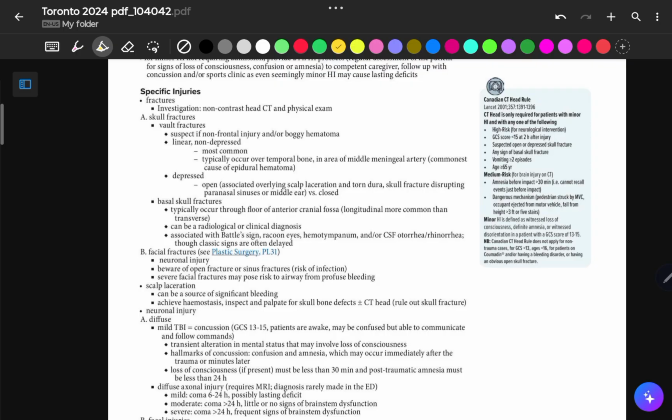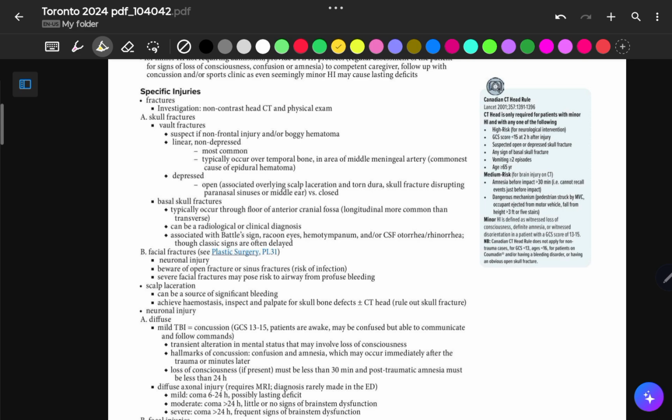The next type of fracture we'll talk about is your basal skull fracture. We have already spoken about the signs of it. It typically occurs through the floor of the anterior cranial fossa, longitudinally. Longitudinal is more common than transverse, and it can be diagnosed radiologically and clinically.